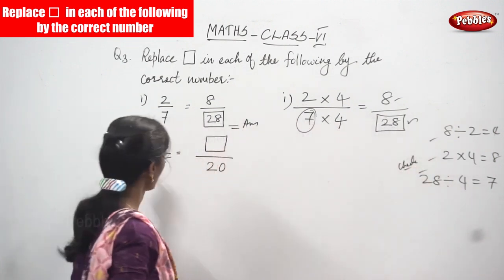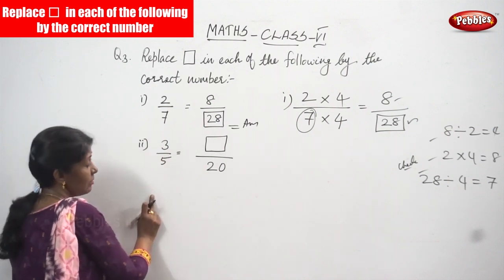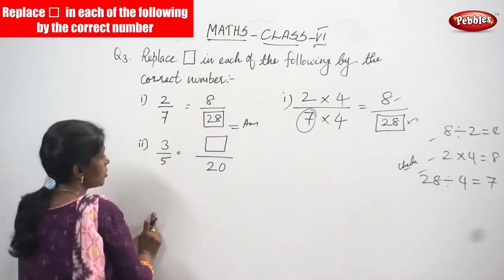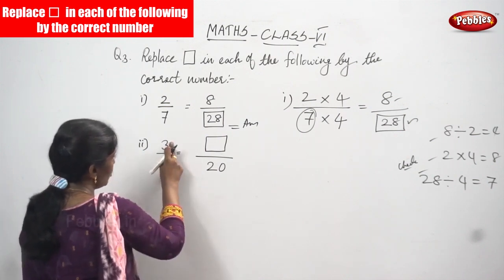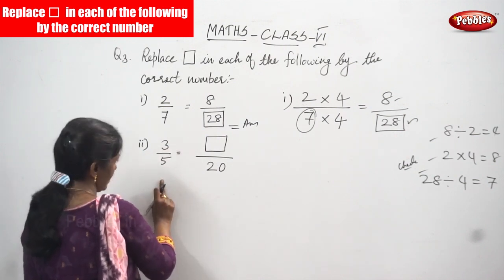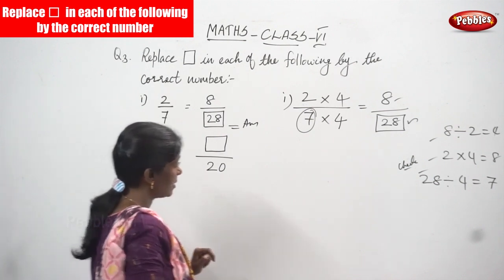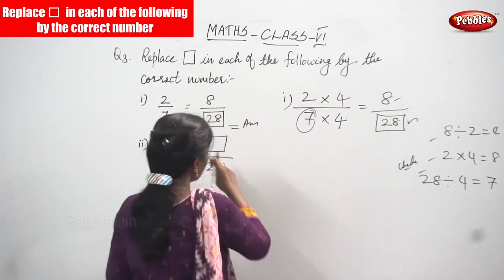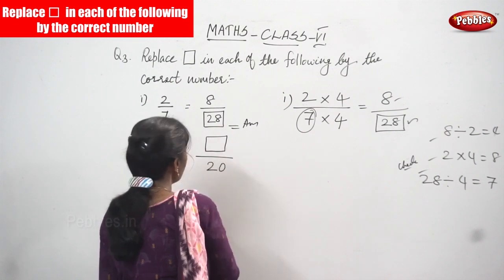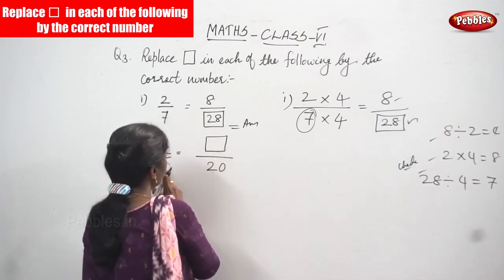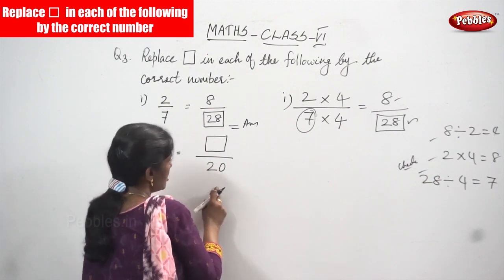Next, the second question. The given fraction is 3 by 5. Here 3 is the numerator and 5 is the denominator. In the numerator place, the box is given, and the denominator is 20.